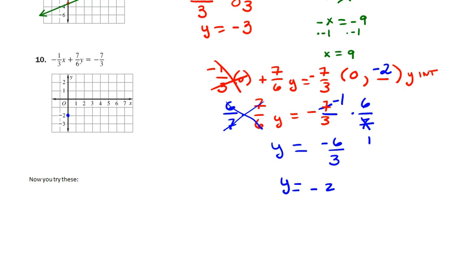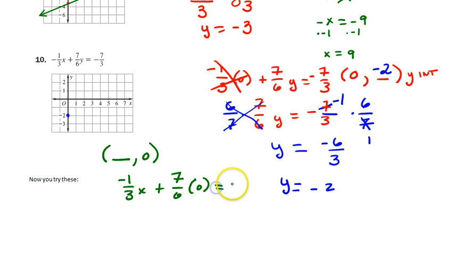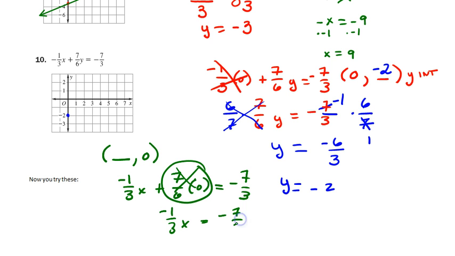Alright, now let's find our x-intercept. So to find my x-intercept, I need y to be 0. So I'm going to take my equation again, negative 1/3 x plus 7/6 times 0 equals negative 7/3. Okay, again, this is times 0, so I'm left with negative 1/3 x equals negative 7/3.